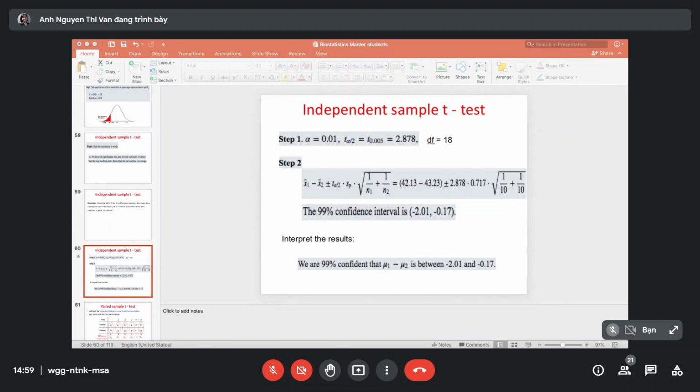First one is to check if the samples are independent. The second one is to check the normality. And the third one is to check the sample variance. Yes. Okay. Thank you.